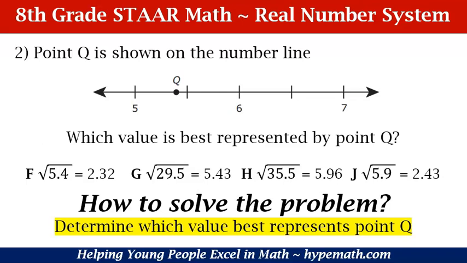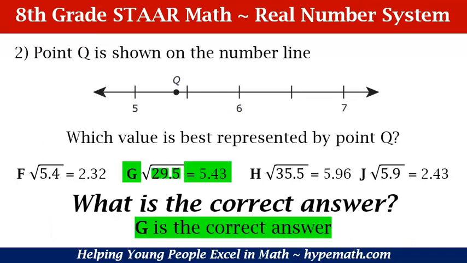In looking at these numbers, what would you say is the correct answer, the value that is best represented by point Q? If you say G, you are absolutely correct. So let's just take a look.